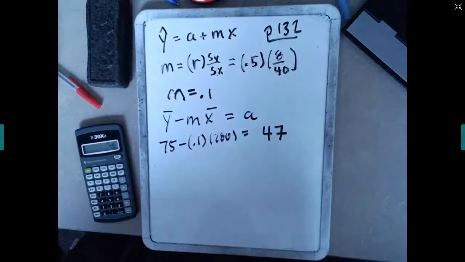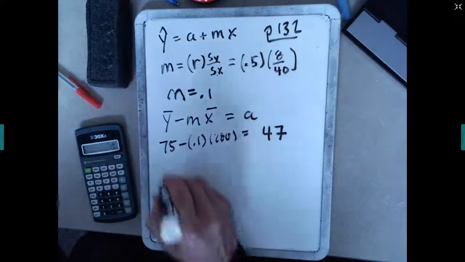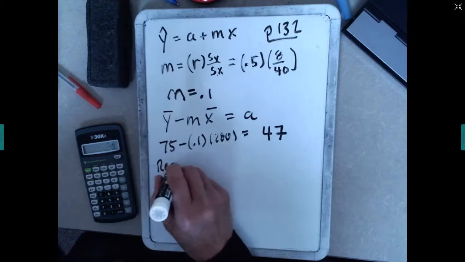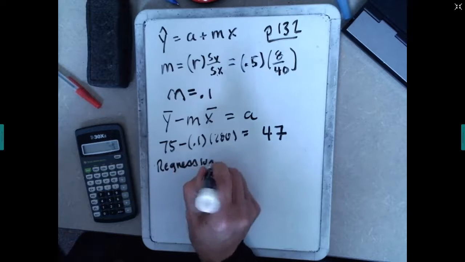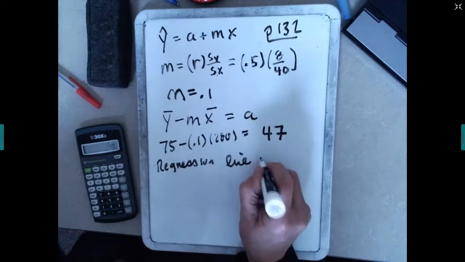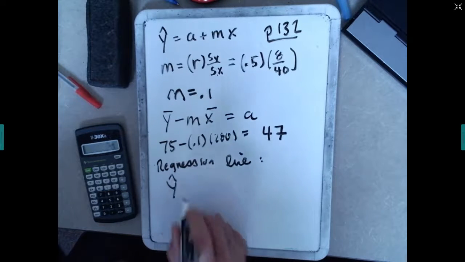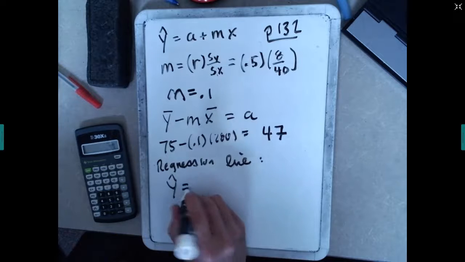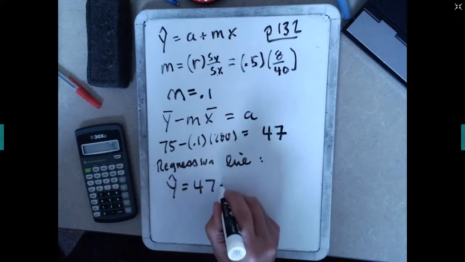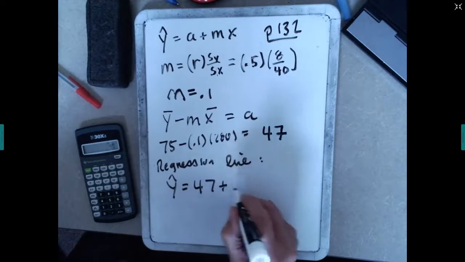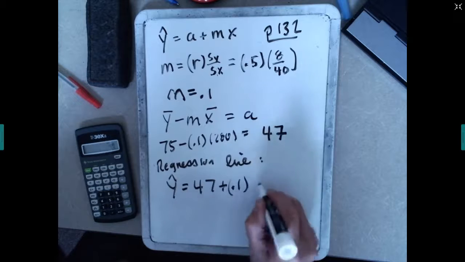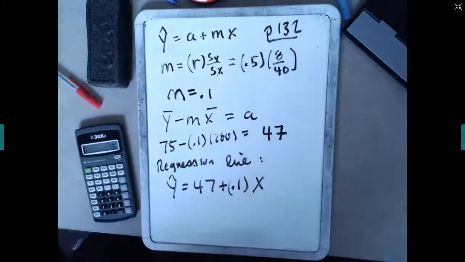Okay, so that is the slope. So the regression line, the predicted y, and that's what the hat means, it's a prediction, is 47 plus 0.1 times x.